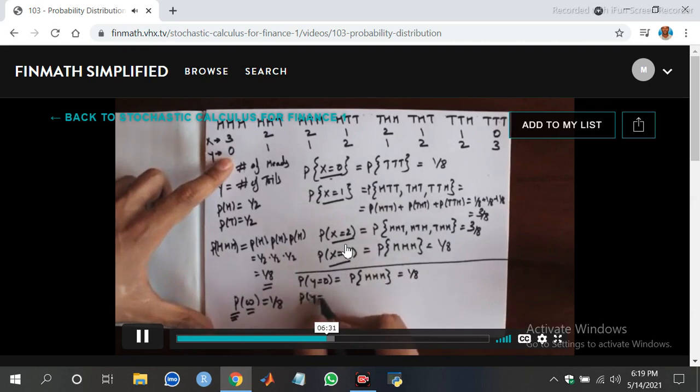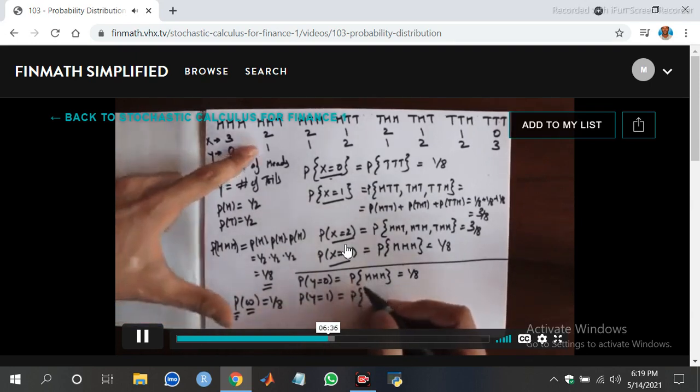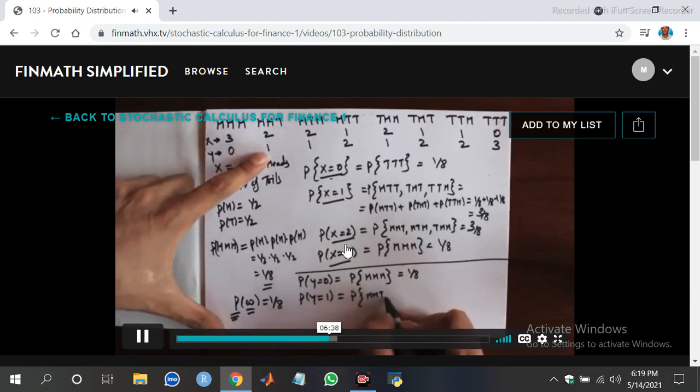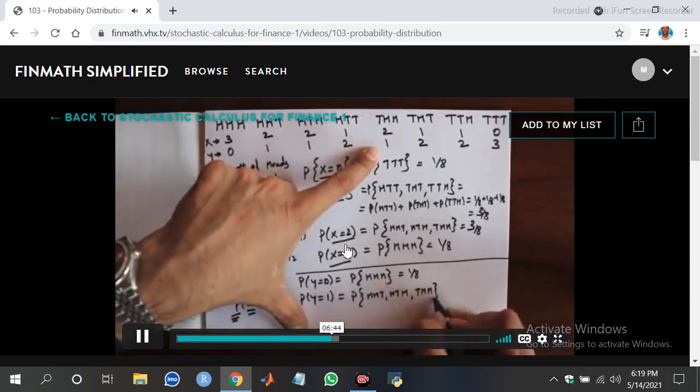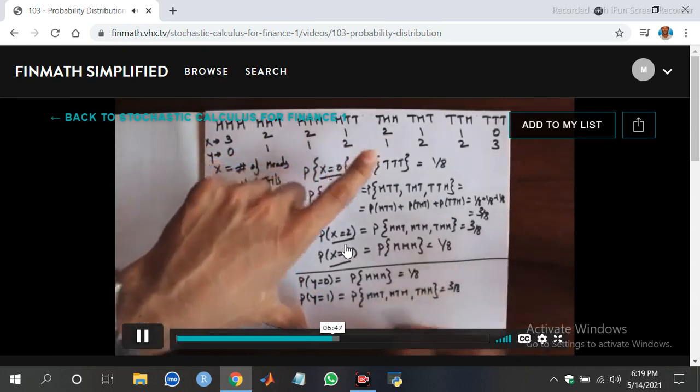Similarly, we can say y equals 1. That would be given by this particular subset of head, head, tail, head, tail, head, and tail, head, head. This would again be 3 by 8.